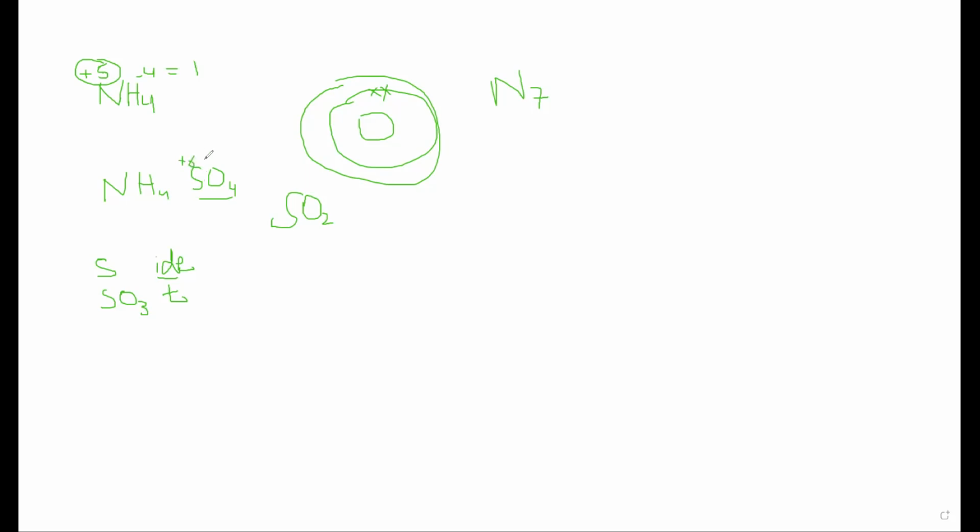Perfect. And what about oxygen? -4, or -2. One oxygen has -2. Right. And for 4 oxygens, what will it be? -8. What would be the overall valency? Oxygen is giving the whole octet.